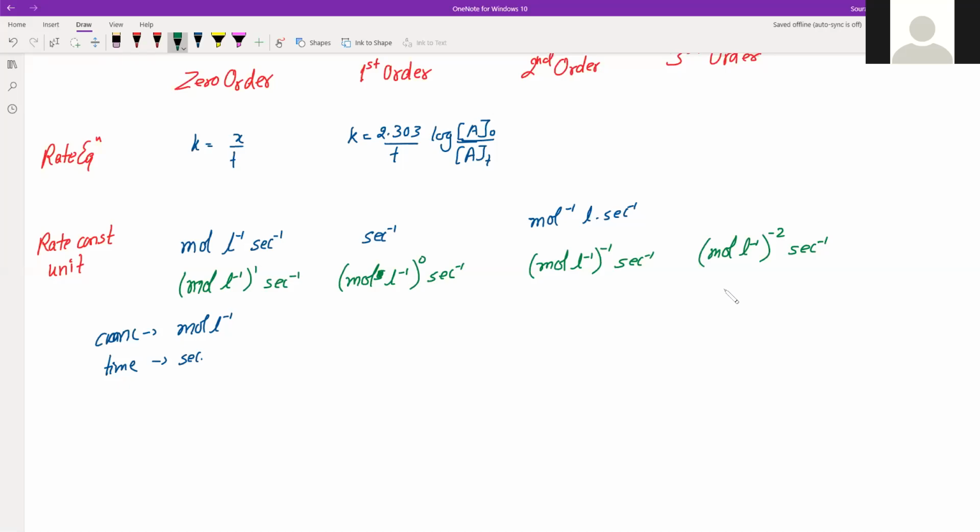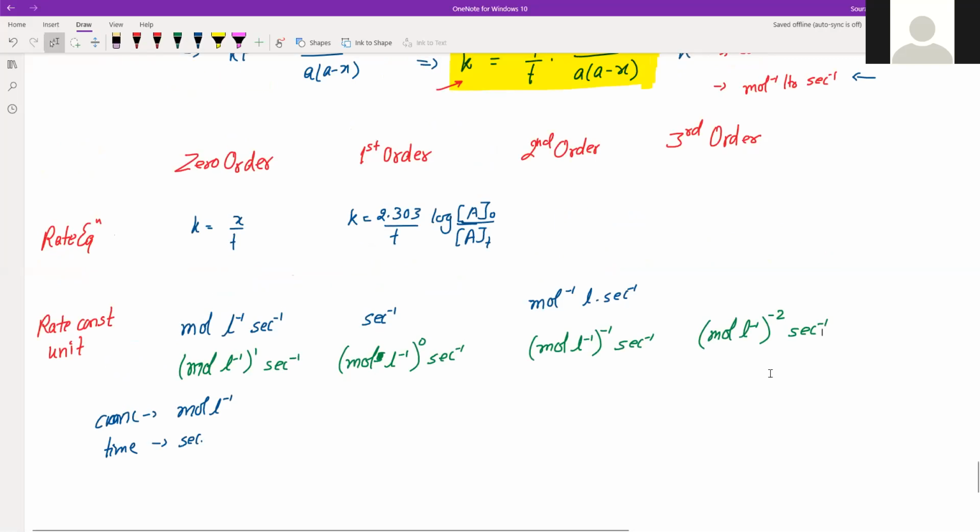And this you can verify by deriving the expression for the third order reaction. You should get the same. If we have to write it in only one expression, I'll write that this is the concentration term raised to the power: if the order is 0, power was 1. If it is 1, power was 0. If it is 2, power was -1.